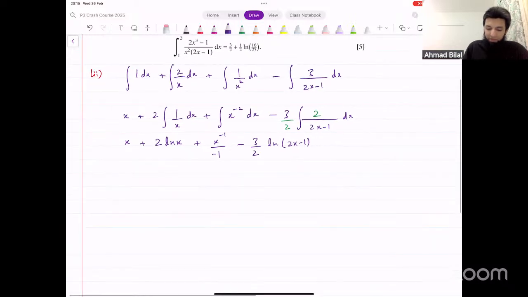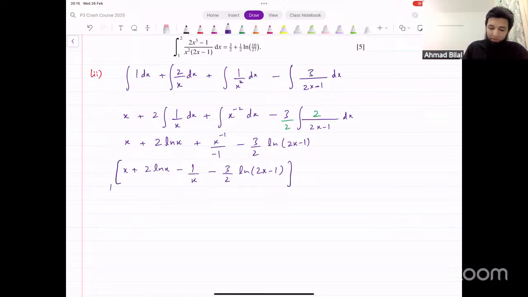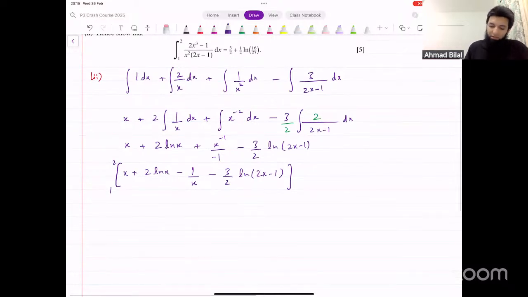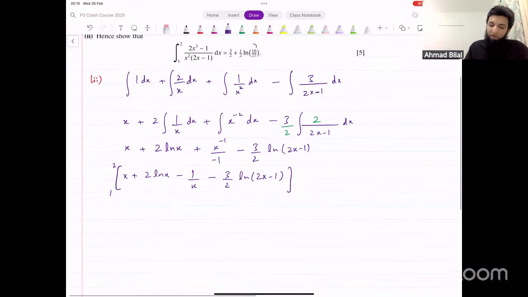You can simplify this first. It becomes x plus 2 ln x minus 1 over x minus 3 over 2 ln of 2x minus 1. And now you can input those limits. Limits are from 1 to 2. Okay, let's input the limits from 1 to 2. And then using log rules, we have to prove this somehow.